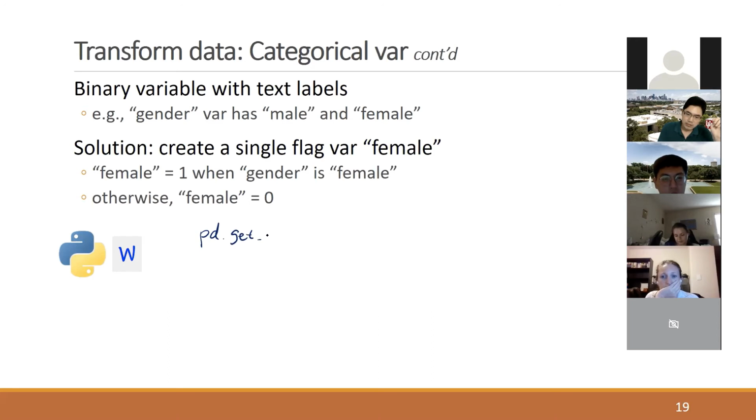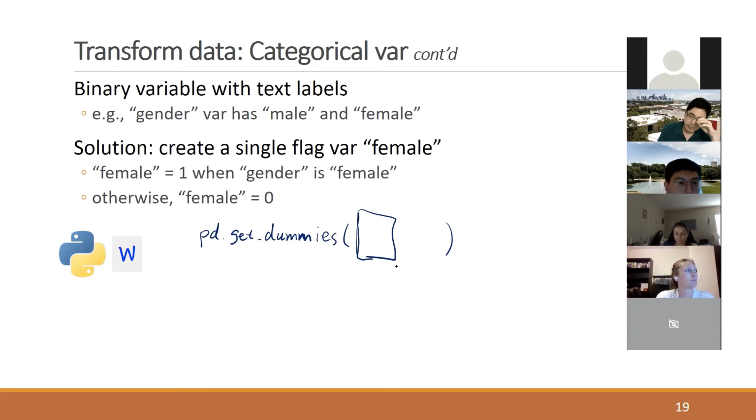This is included in one of the tutorial videos, but I'm simply going to write it down here. Get dummies, dummies, plural. Get dummies, and put the data in here.